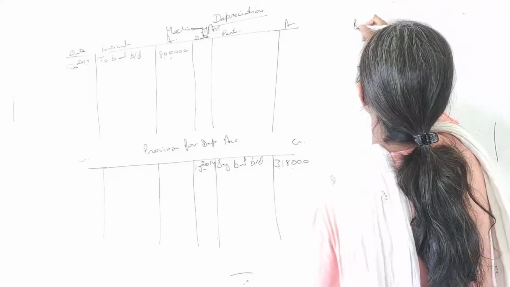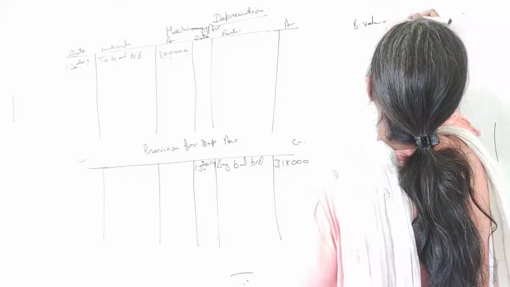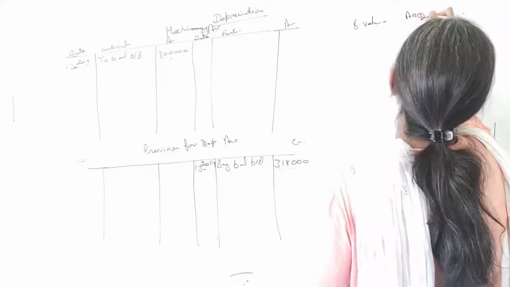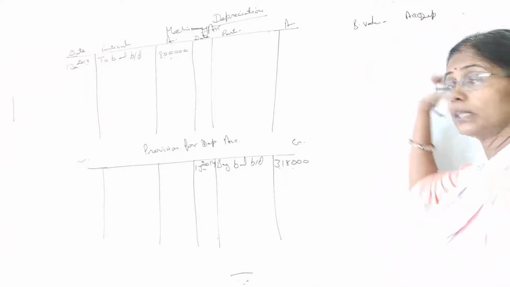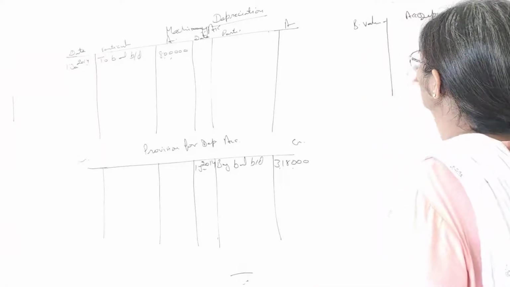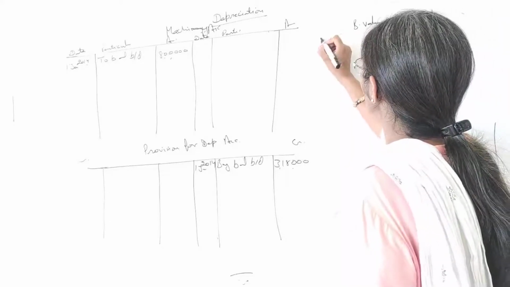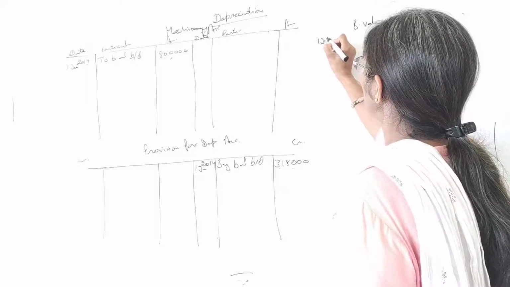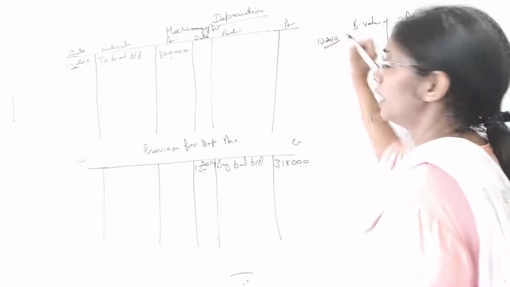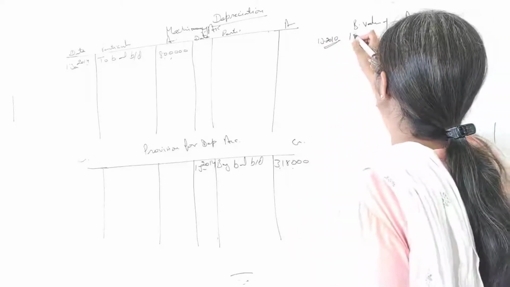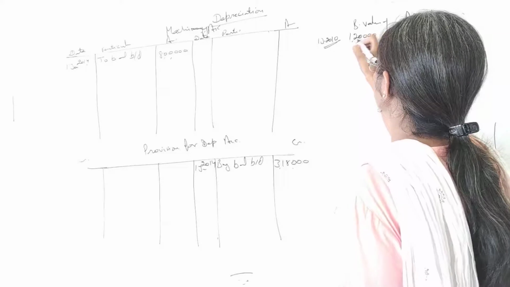So this is your book value and this is accumulated depreciation. That is very fine, right? So the balance book value on 1st January 2010, when they have purchased it, its value was 1,20,000.